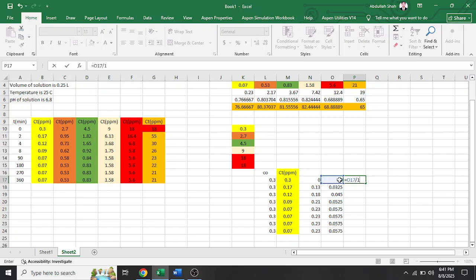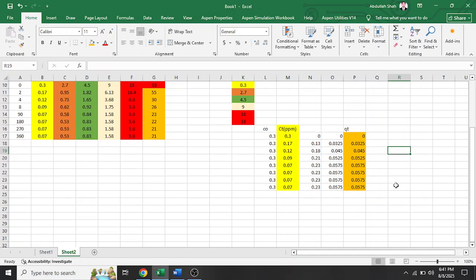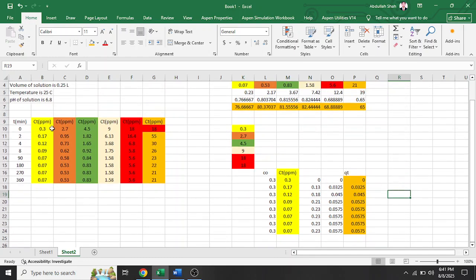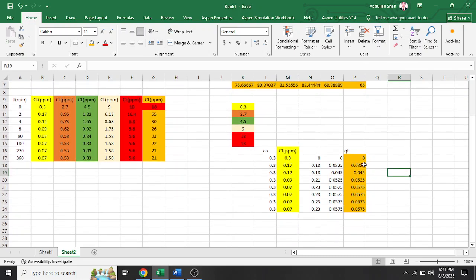Divide by 1 gram adsorbent. So again it will be equal to this. So this is the Qt, the adsorbent uptake in this first experiment. Similarly, for the second experiment you can get the other.